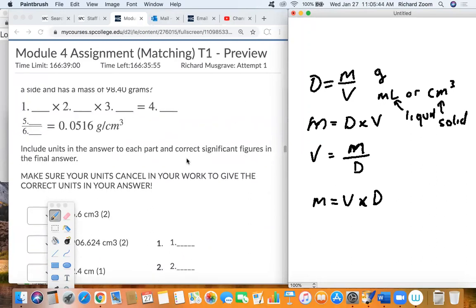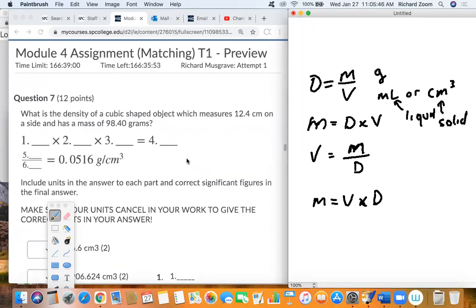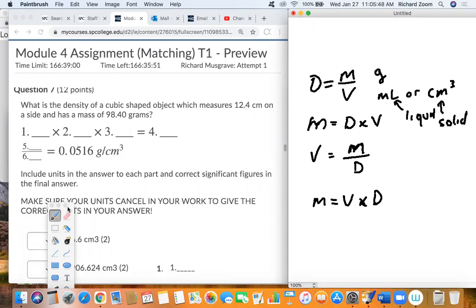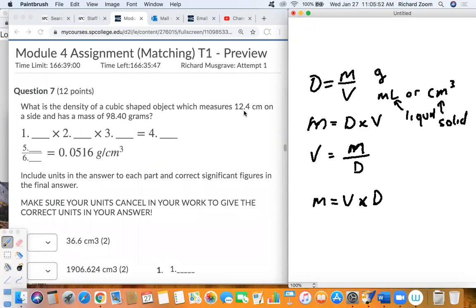And for the rest of them, well, let's say we've got number 7 here. We've got to be a little bit careful here because if this is a cubic shaped object, 12.4 centimeters on each side, that means it's 12.4 times 12.4 times 12.4 to find the volume. I'll go ahead and write that in.